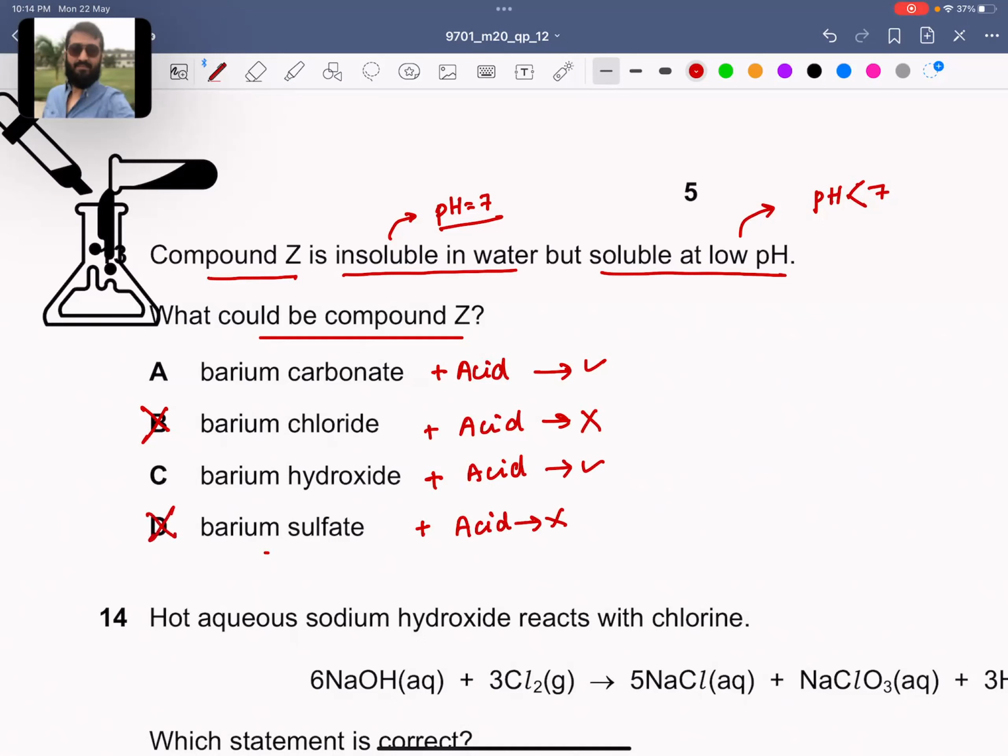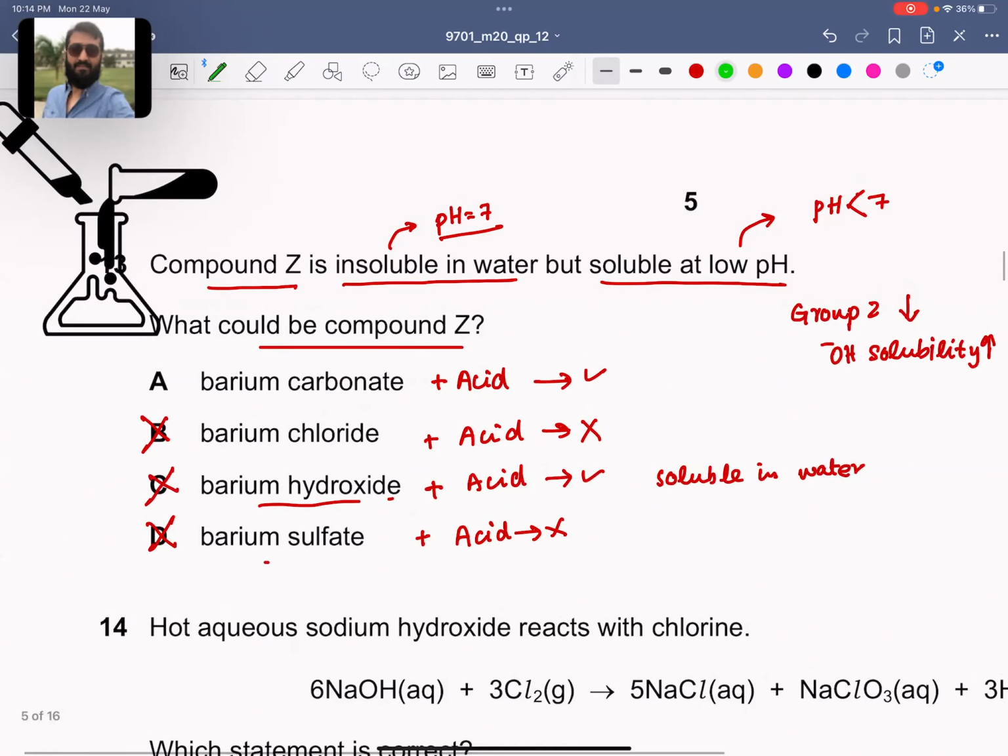Now we have to choose between barium carbonate and barium hydroxide. If you recall, down group 2, hydroxide solubility increases, right? If you remember this trend. So it indicates that barium hydroxide is soluble in water as well. So it is also a wrong answer.